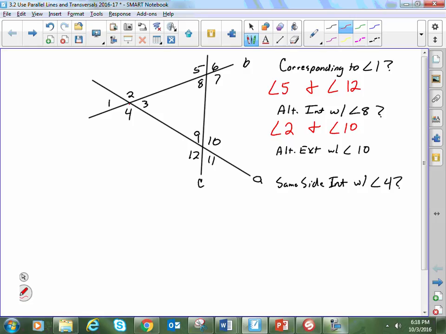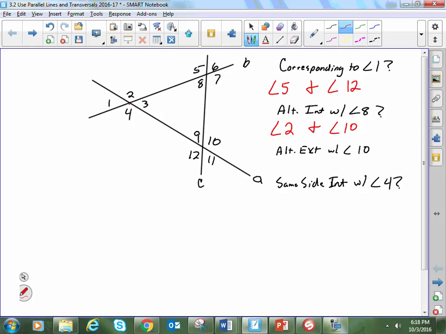So let's take a look at the next one. Alternate exterior angles with angle 10. Now, the only kind of line that I can use as a transversal line here, where angle 10 is actually considered exterior, meaning it's not in between my other two lines, is line A. Unfortunately, if I use line C as a transversal line, angle 10 would be in the interior of line A and B. So we can't use line C as a transversal line for this question.